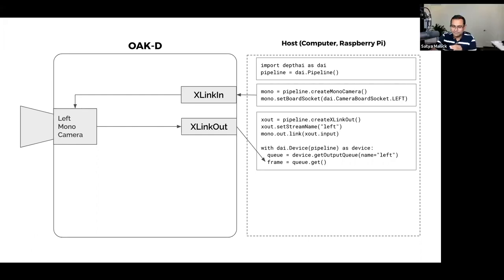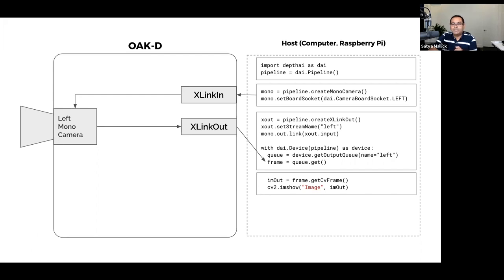Yeah. So to get the last frame out from the queue, you just do frame equals queue dot get, right? So you get the last frame. And this frame is not in OpenCV format, because it's their internal format. So to convert this frame into OpenCV format, we use this function, frame.getCvFrame.